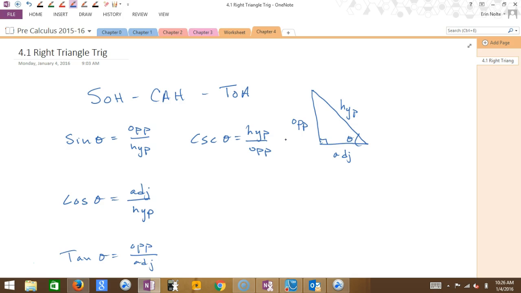So does anybody know the reciprocal function of cosine? Secant, very good. Secant is abbreviated SEC. You guys want me to write how you say this? So CSC is cosecant.